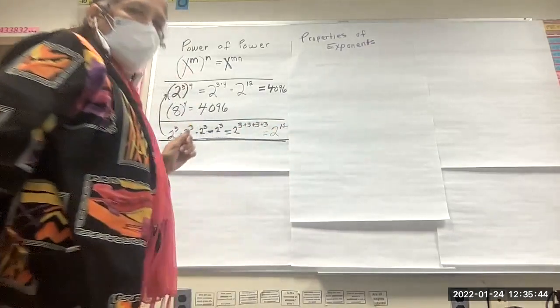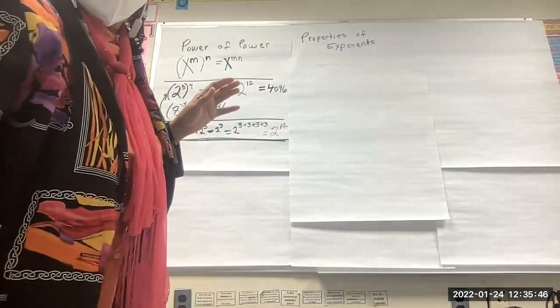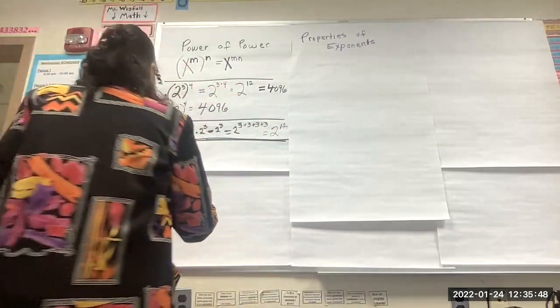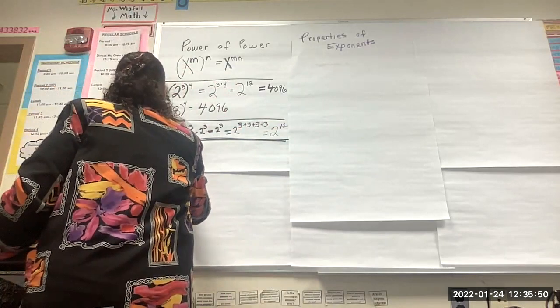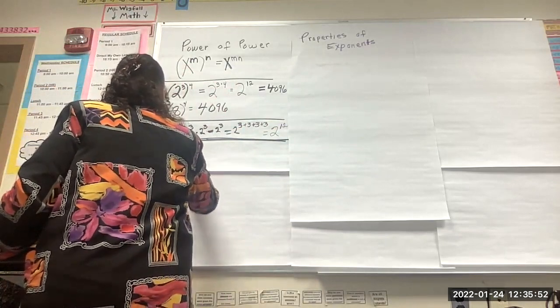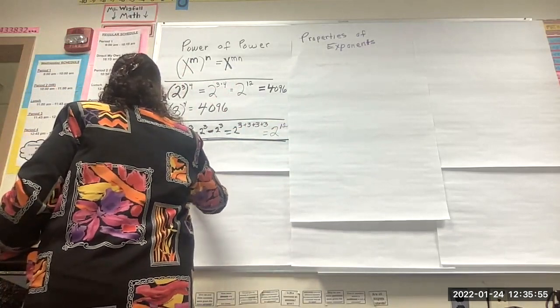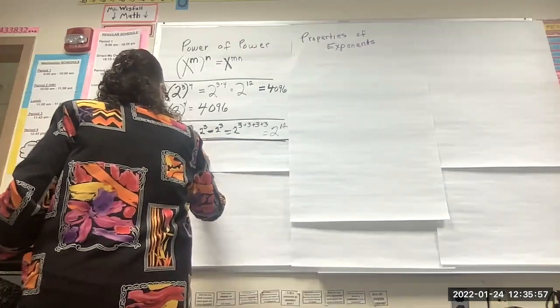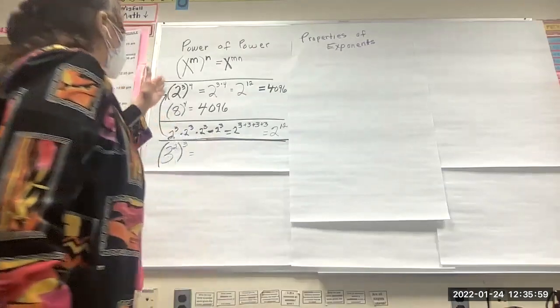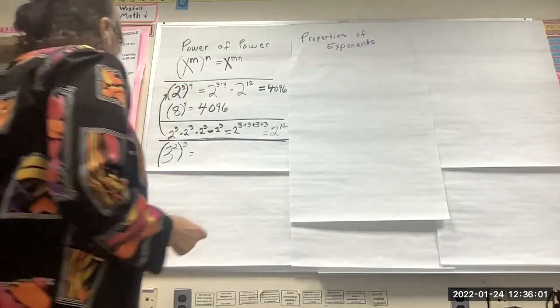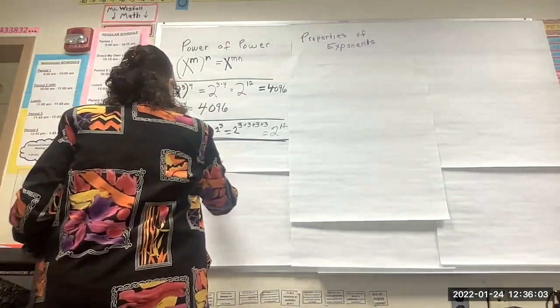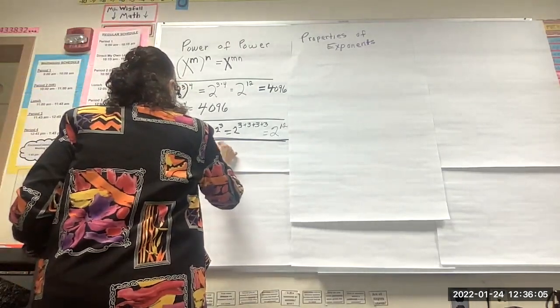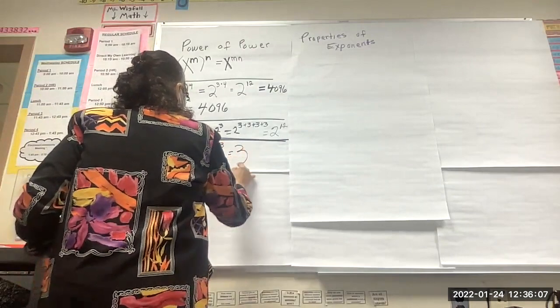Okay? So one more, I think we have time for one more. So let's say we say 3 to the second, to the third. Using the power of a power rule, we would say 3 to the 2 times 3, which is 3 to the 6.